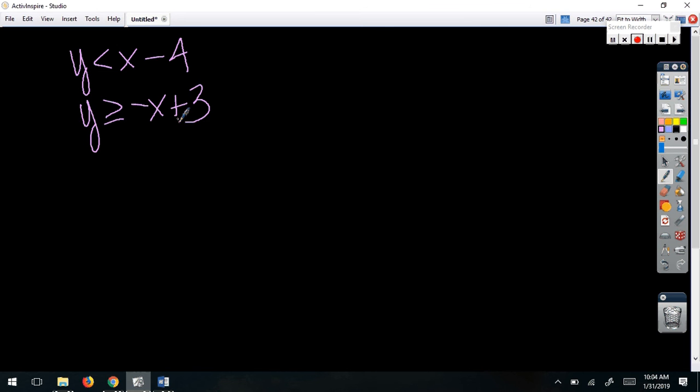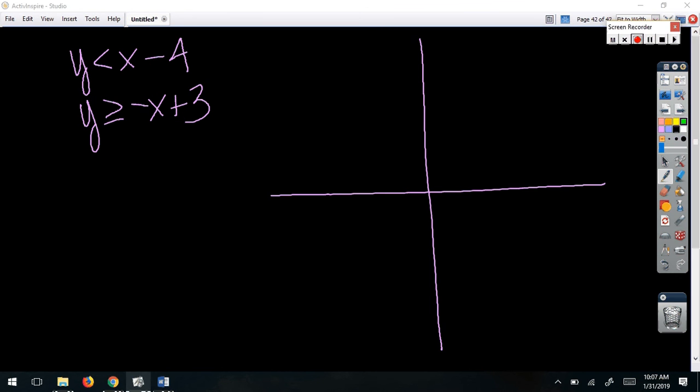Let's do y is less than x minus 4 and y is greater than or equal to -x plus 3. If you have colored pencils or crayons, it's going to make it a lot easier for you. If you don't have any, I've got some in my closet. Look at the first equation.